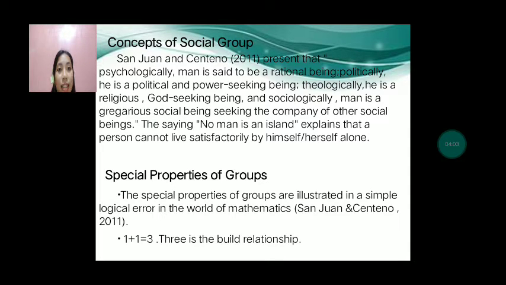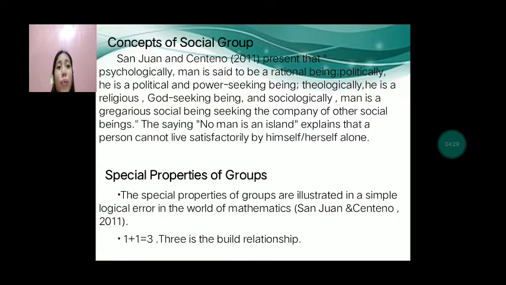San Juan and Centeno, 2011, present that psychologically, man is said to be a rational being. Politically, he is a political and power-seeking being. Theologically, he is a religious and God-seeking being. And sociologically, man is a gregarious social being seeking the company of other beings.